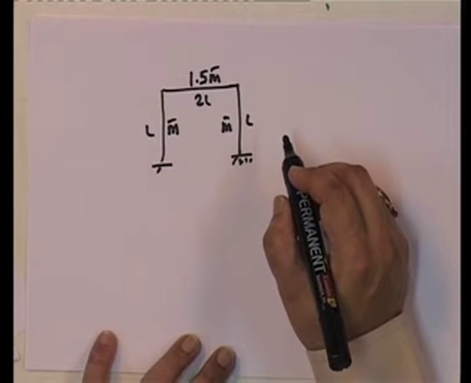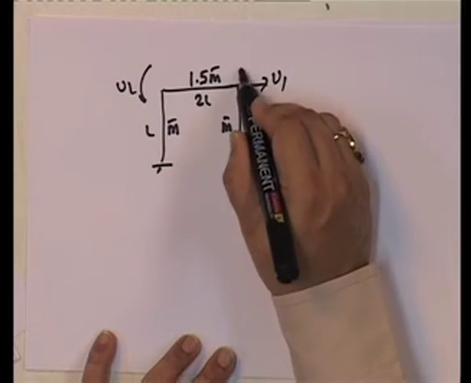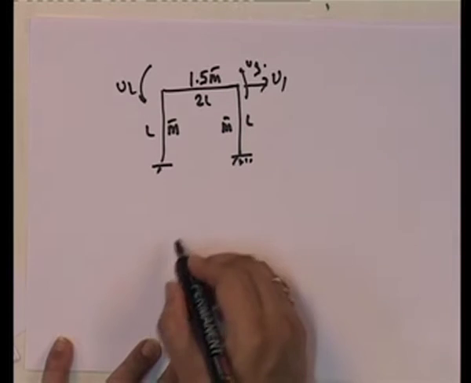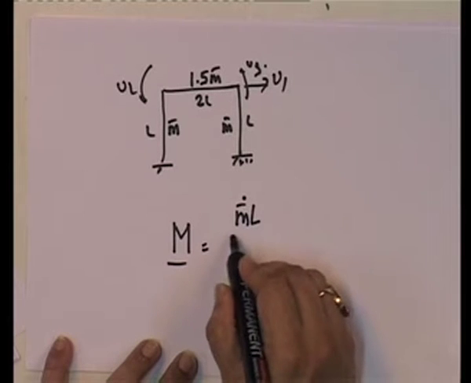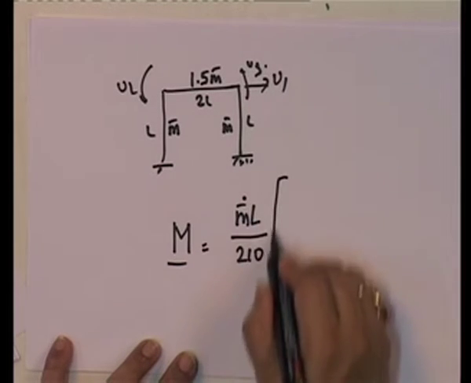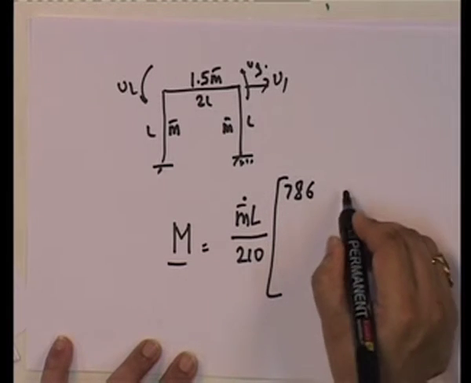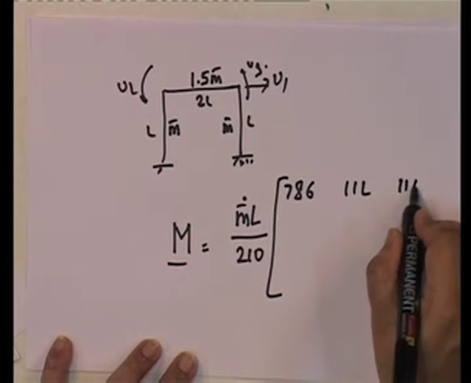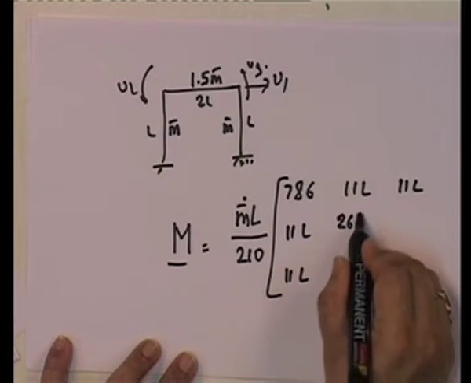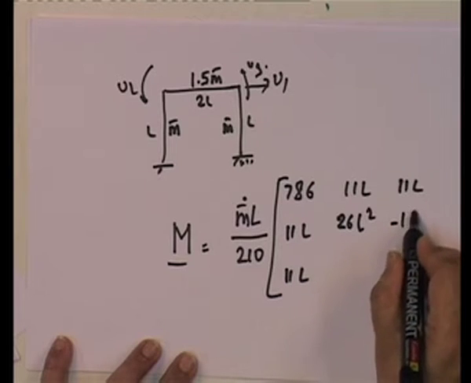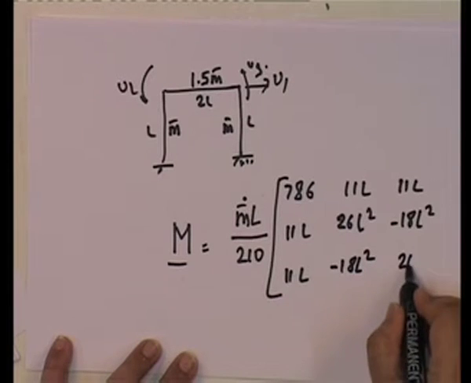And we have this as my V1, this as my V2, this as my V3, and going through the same procedure, the mass matrix comes out to be equal to m bar L by 210 into 786, 11 L, 11 L, 11 L, 11 L, 26 L squared, minus 18 L squared, minus 18 L squared, 26 L squared.